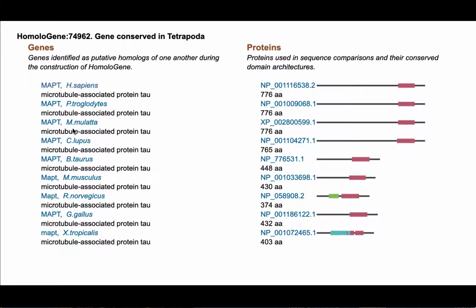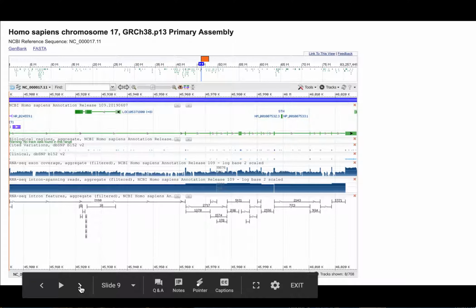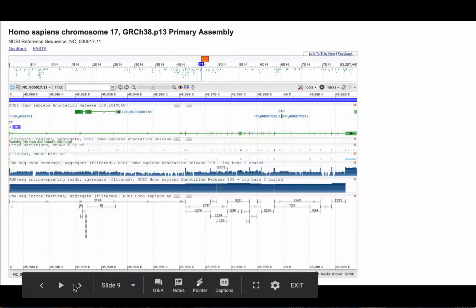So obviously it shows that mouse is a very good candidate for an investigation into this disease. And so this is chromosome 17 for humans. I used this in order to compare it to the other organisms that I was investigating as potential candidates.